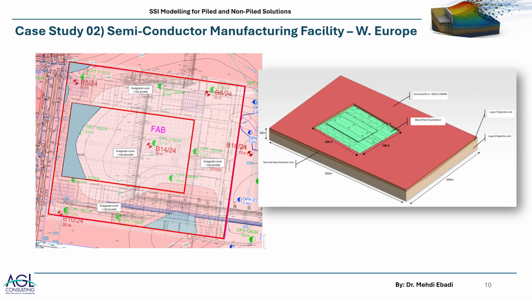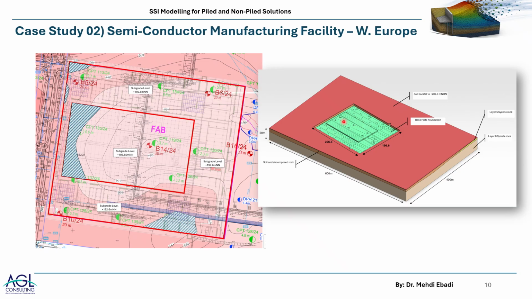So the foundation of this building, I start with the bigger one, or I focus on the bigger one, which was the fab or fabrication building. It was an integral rectangular slab with 2 levels, and the surrounding part of the foundation was at lower level and the middle part was at higher level.